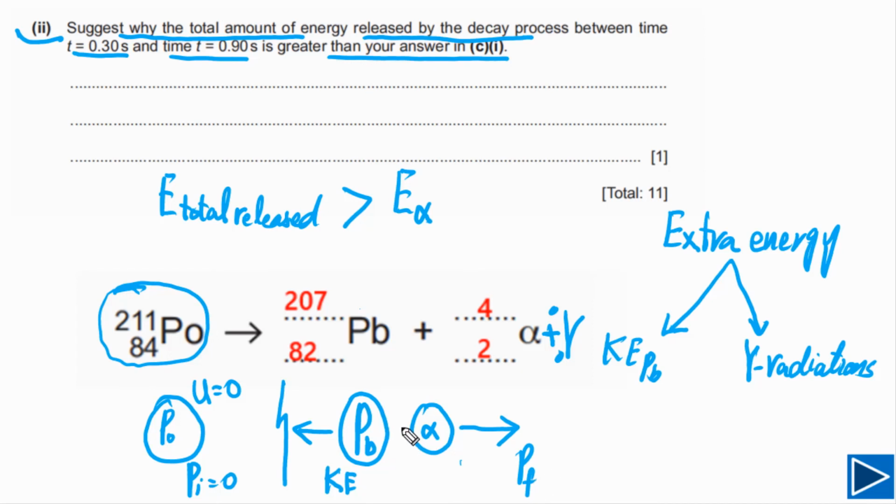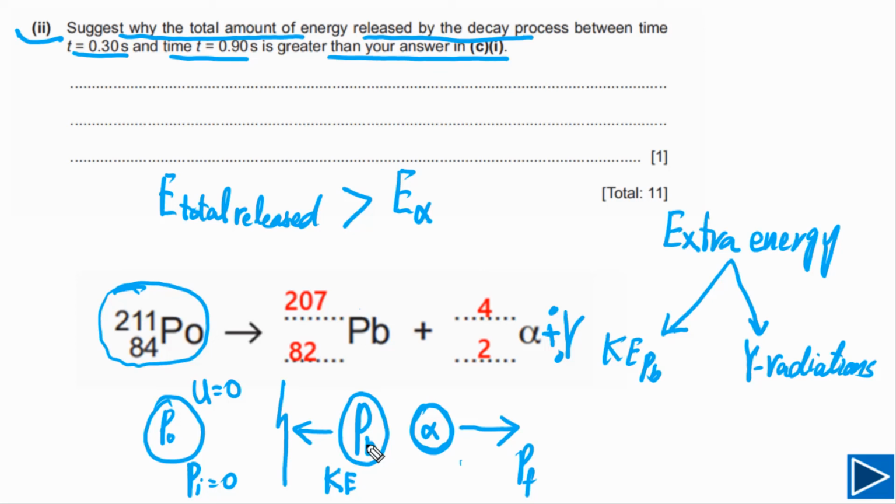That's the reason these particles have to go in opposite directions. In this case, most of the energy will go to the alpha particle because it has very small mass, and less kinetic energy will go to lead because it has higher mass. But the momentum of alpha and the momentum of Pb have to be the same and in opposite directions. So this is the reason.